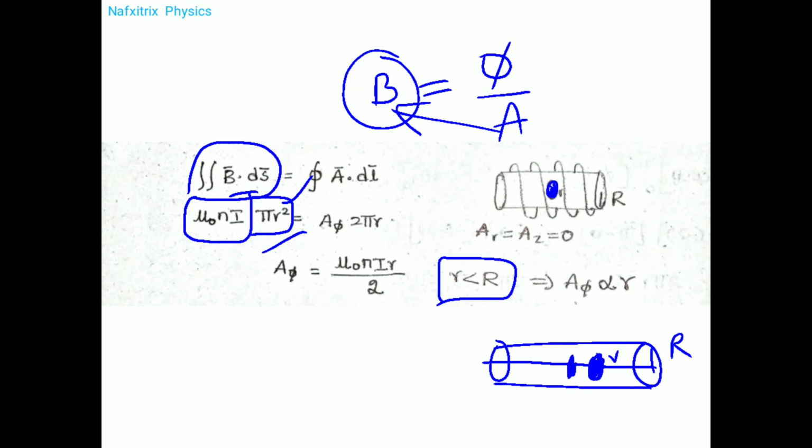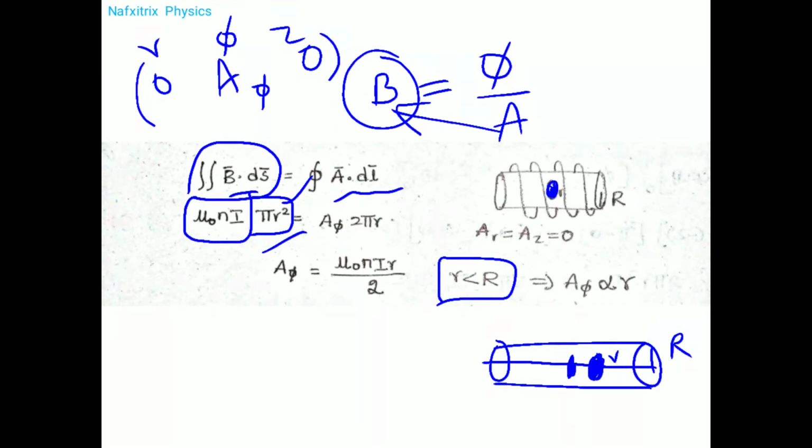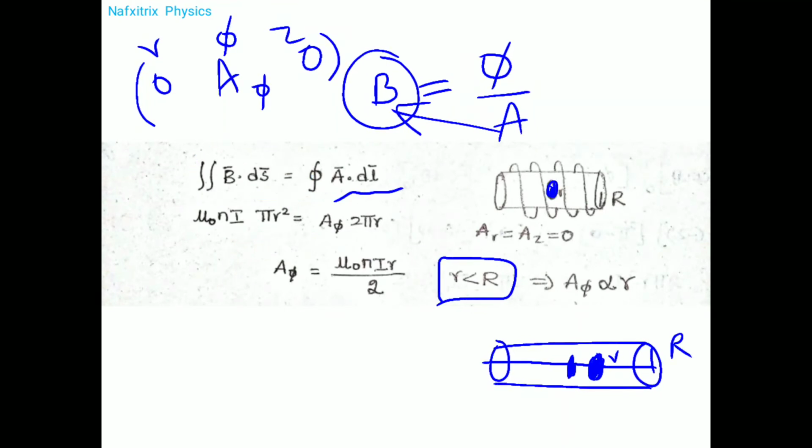So here, if we see only, what they have given is A rho equals 0, A z equals 0. So this was given in the question. That means the radial component and the z component are 0, so they don't exist, only the phi component is existing. So here, as there is a dot product, whichever component is existing, only that we need to take.